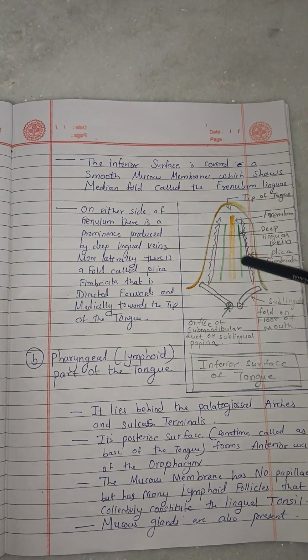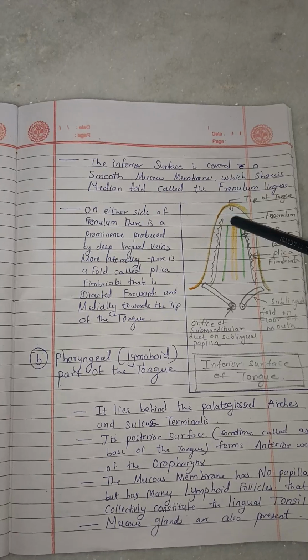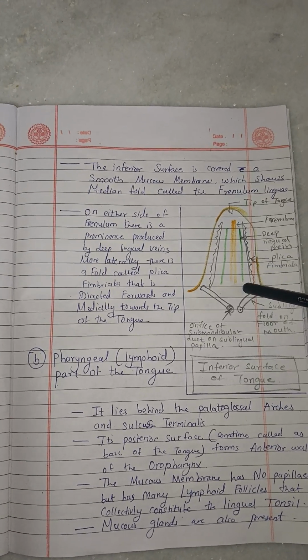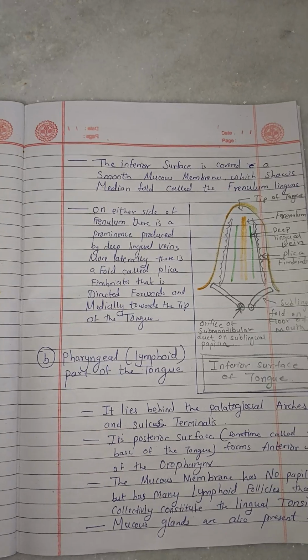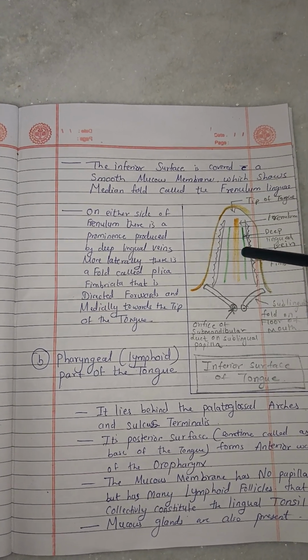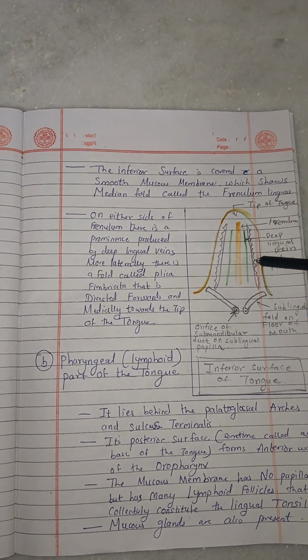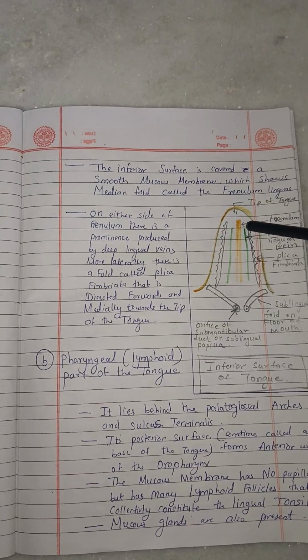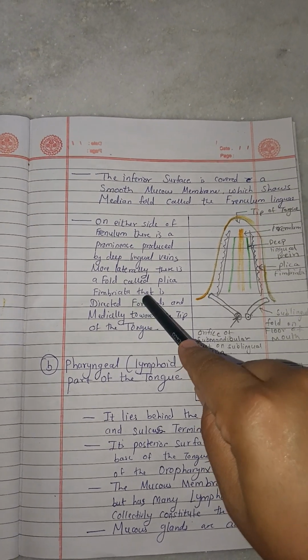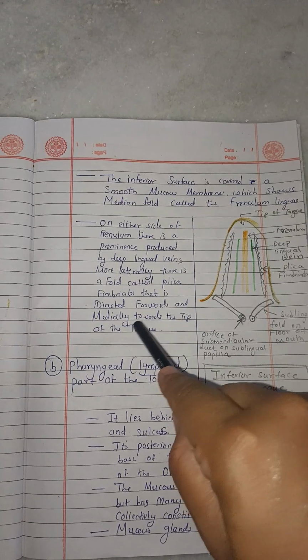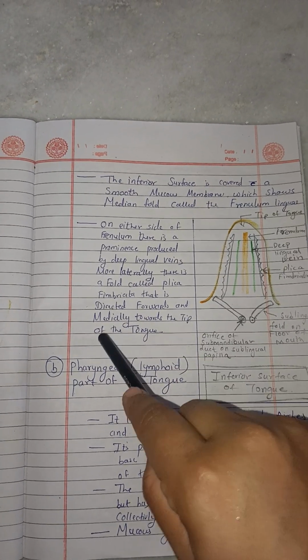So this is the frenulum, and this green colored structure is the deep lingual vein. This is the inferior part of the tongue, and lateral to this is the plica fimbriata, which is directed forward and medially toward the tip of the tongue.